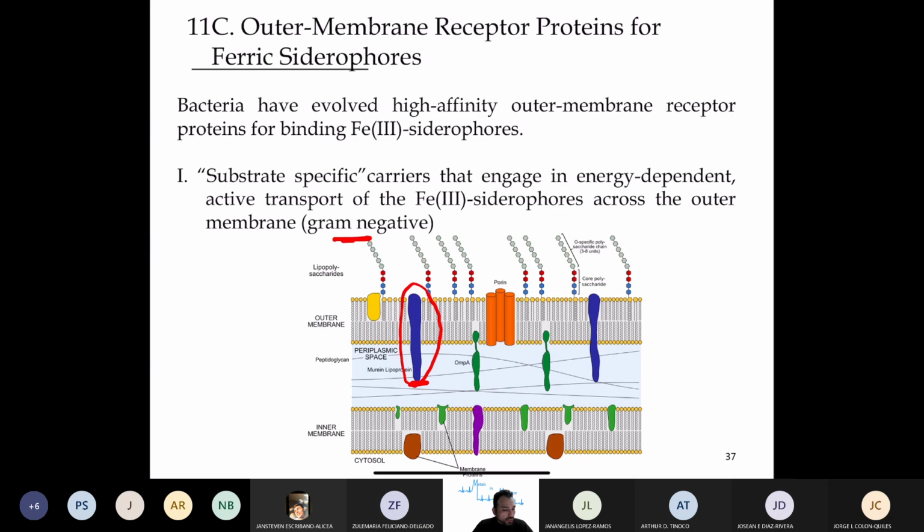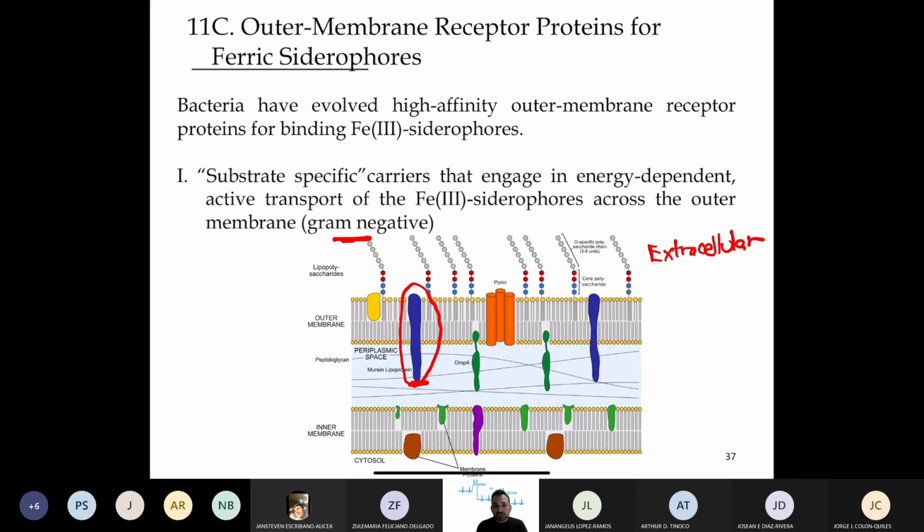Okay. All right. So what I was discussing was the movement of iron through, in this context, iron siderophore complex, not just the iron itself. And so what I was discussing was what has to happen, at least in a transporter that can recognize an iron siderophore.